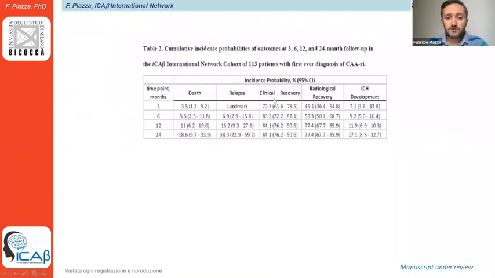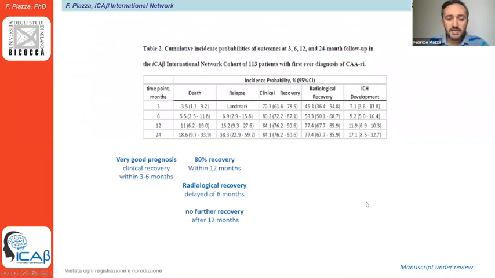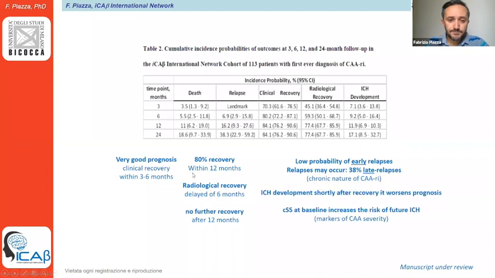And we also looked at the incidence probability of survival, relapse, clinical recovery, radiological recovery, and the development of new ICH, new macrohemorrhages. As you can see here, the prognosis in our cohort is quite good for this potentially very severe disease, as most of the patients have a clinical recovery within 3 months, 80%, increasing to 84% at 24 months.